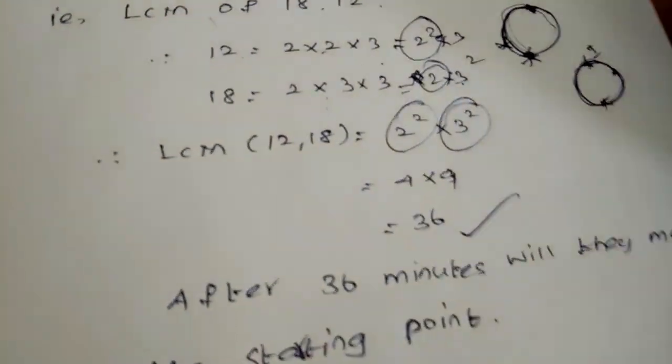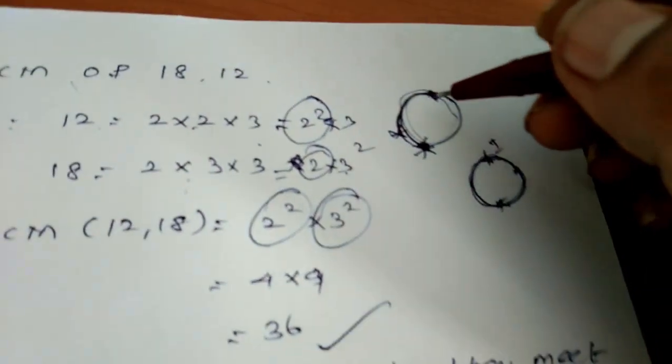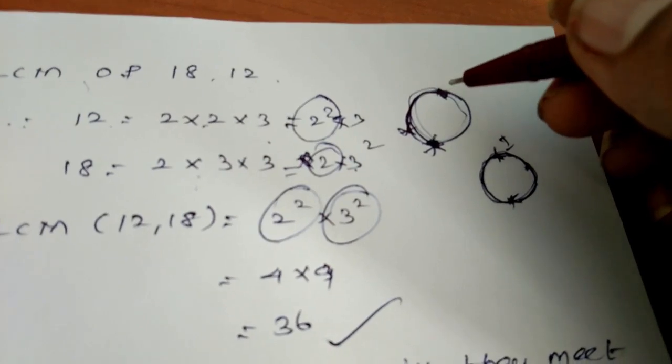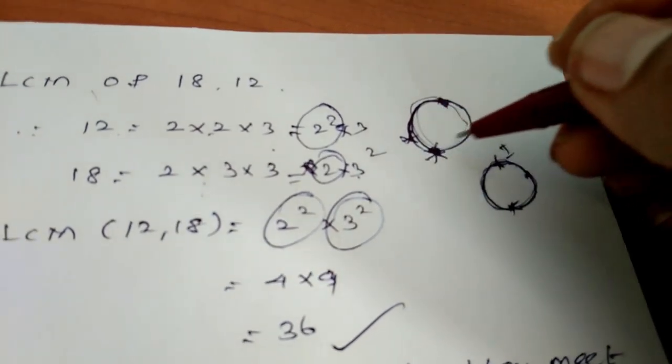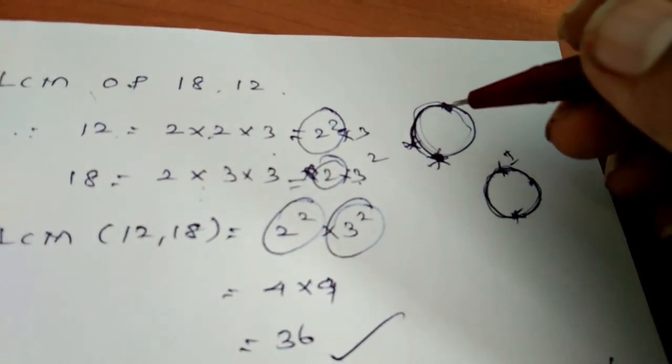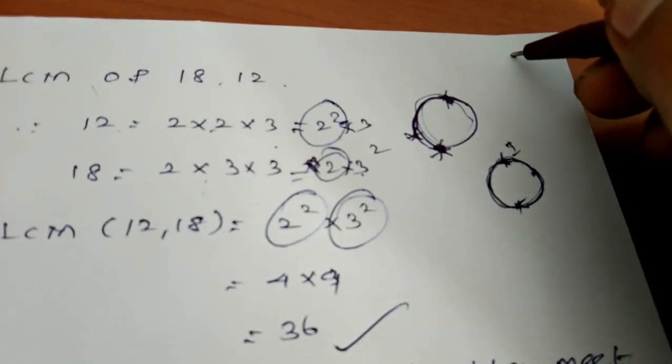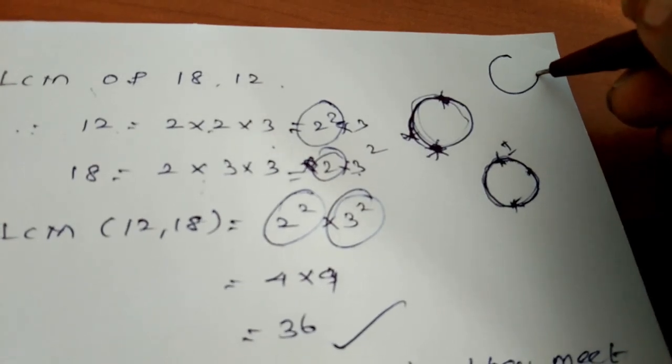The question is: the speeds of two different persons are given. The speeds are 18 and 12. After how many minutes will they meet? The first person may start here, after 10 minutes maybe here.